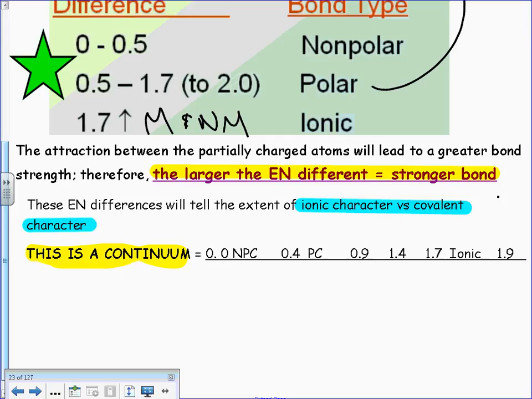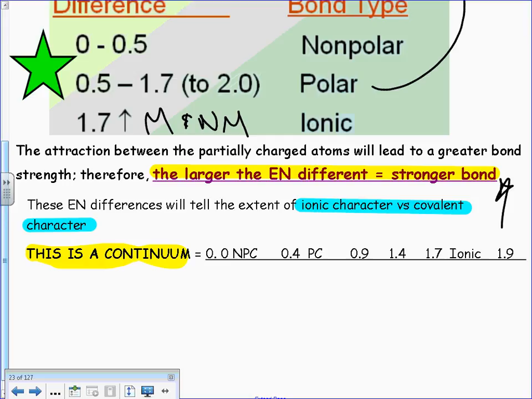But one other note, this is usually my highlighted stuff, the more important things right now: whenever you're looking at the trends on the periodic table, looking at the electronegativity values, the larger the difference means that they are very attracted to each other, because as you create one side more positive and the other side more negative, that's when you get electrostatic attractions, opposites attracting. So they usually create a stronger bond.